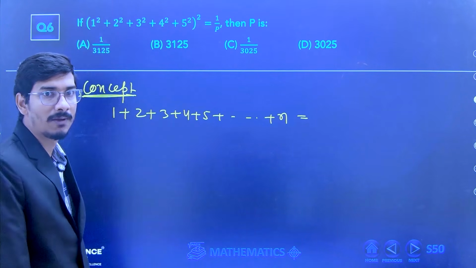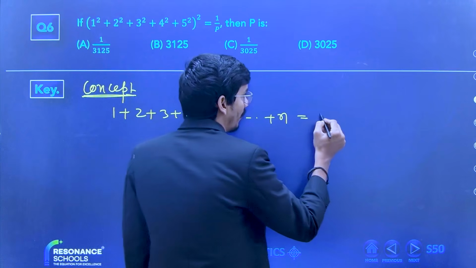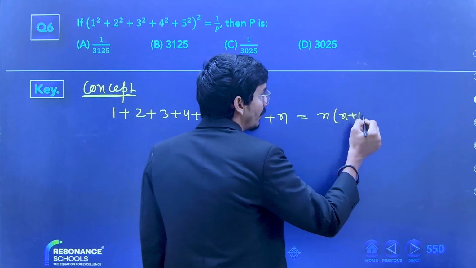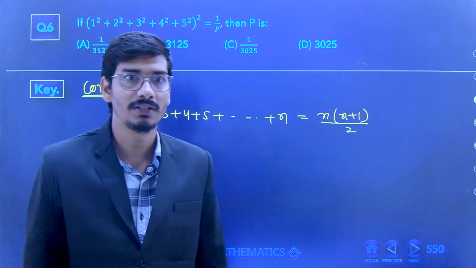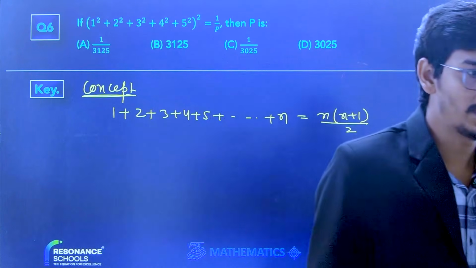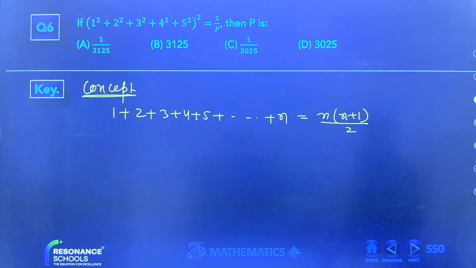There is one formula: the sum of natural numbers is n into n plus 1 divided by 2.